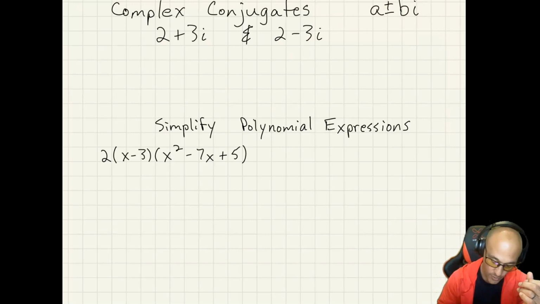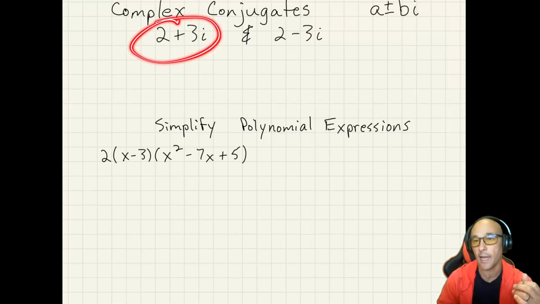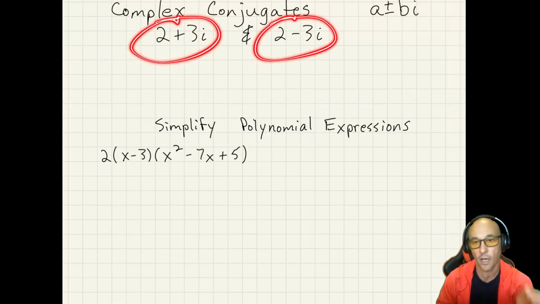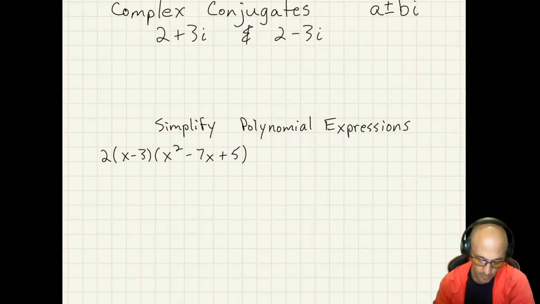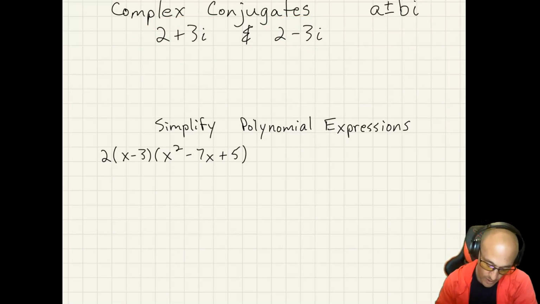So if I tell you that 2 plus 3i is a complex solution to a quadratic equation, then you automatically know 2 minus 3i is also a solution to that equation, and vice versa. So that's an interesting thing about complex conjugates.